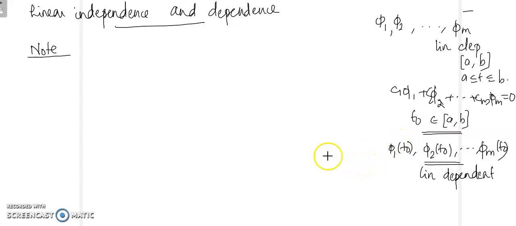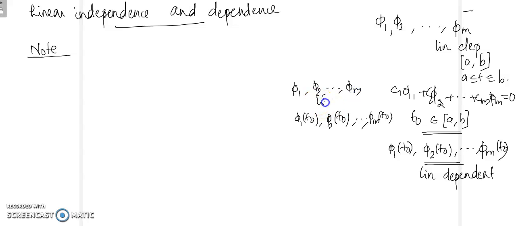So analogously, if you take phi1 of t naught, phi2 of t naught, etc., phi m of t naught, this is a case where phi1, phi2, etc., phi m are linearly independent. For a fixed t naught, they need not always be independent.